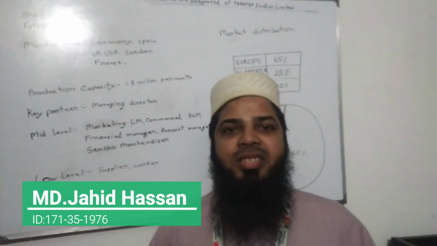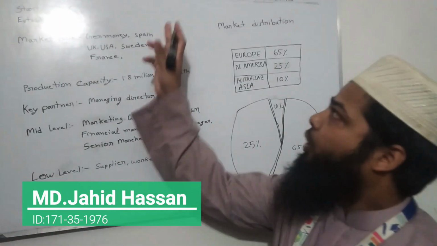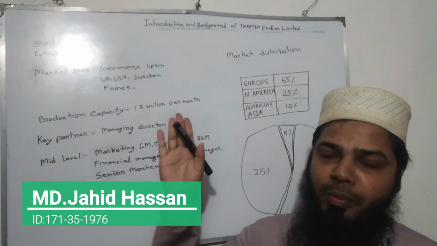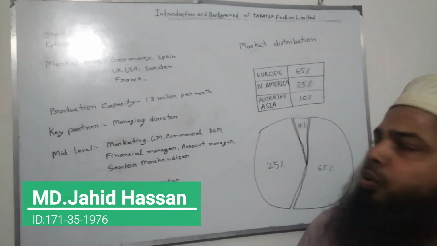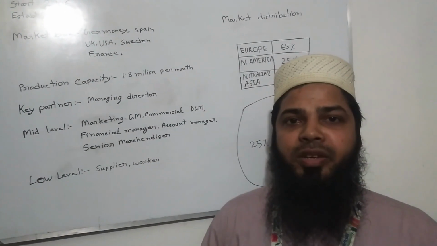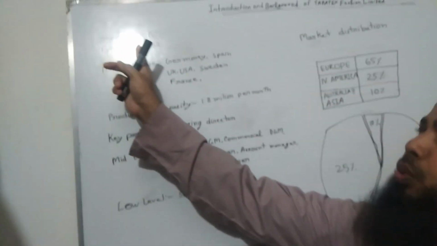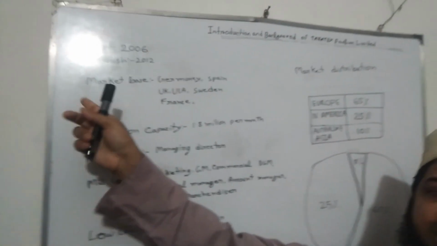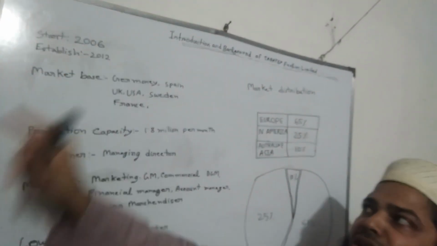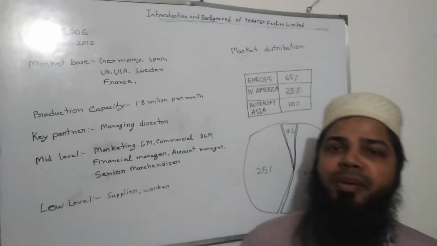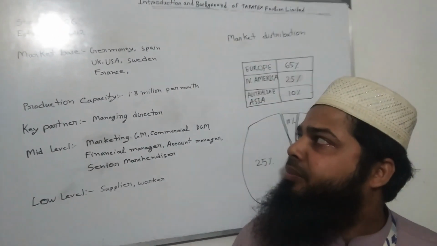I will discuss the introduction and background of Taratex Fashion. This is a company of the garment sector. We already visited it a few days ago. It first started in 2006 and was established in 2012. Their company has some rules.